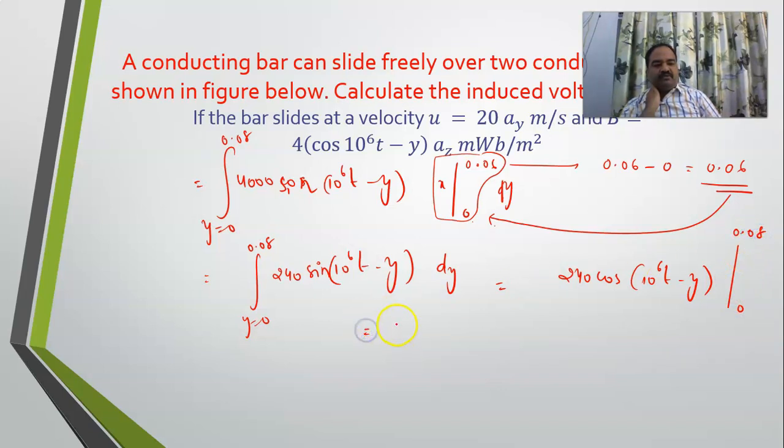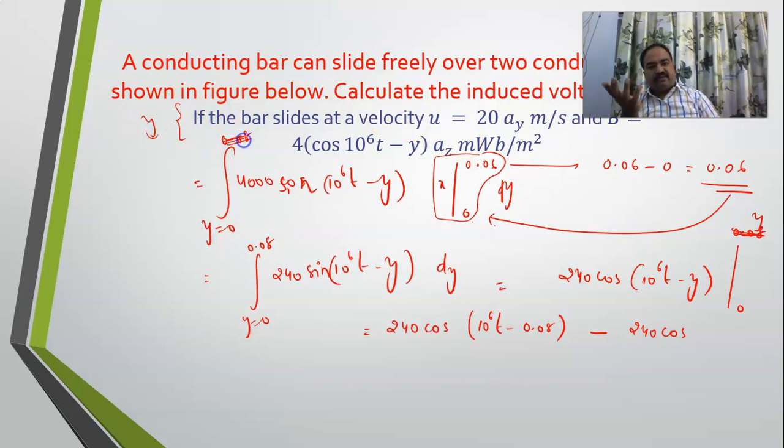So if I substitute it, what I'll be getting is 240 cos of 10 power 60 minus 0.08, minus the value at 0. Or if you want, you can keep it just as y itself, because nothing has been given here as the y variation, so I'll just keep it as y itself.